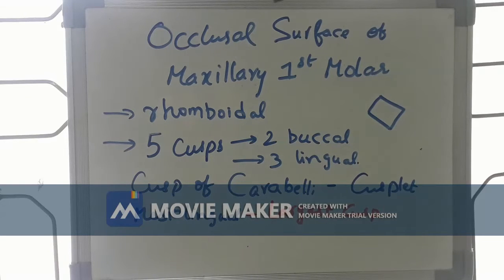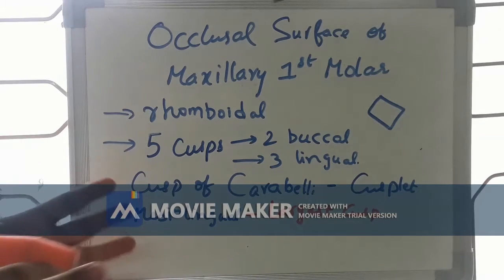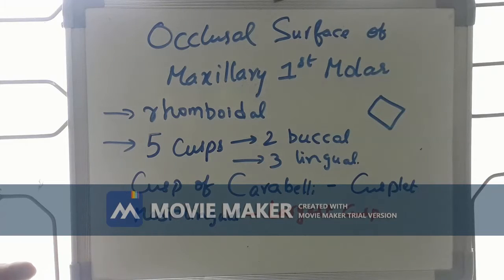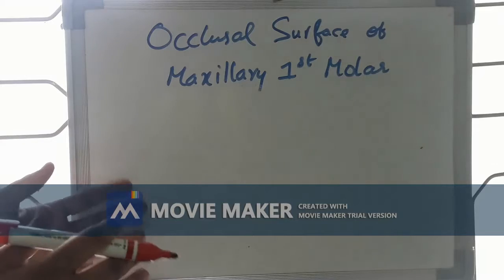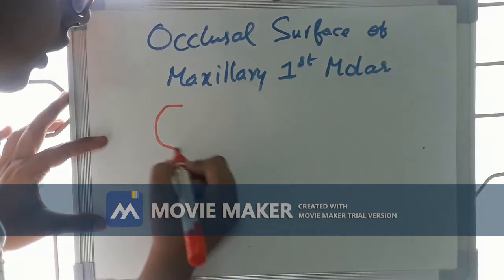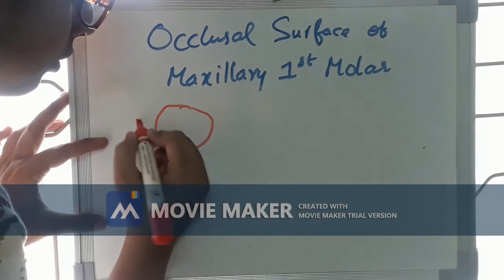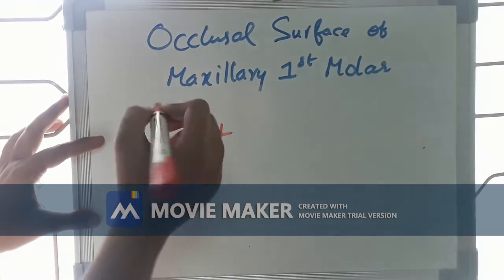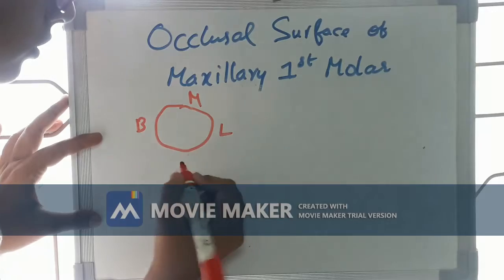After the discussion about the cusps, we have lingual developmental grooves and buccal developmental grooves. Here in the maxillary first molar, we have the buccolingual dimension greater than the mesiodistal dimension.